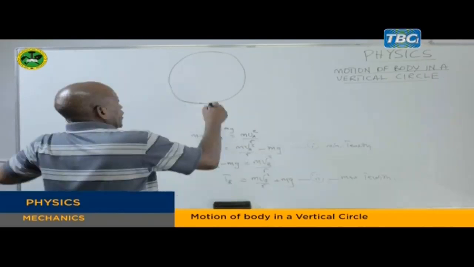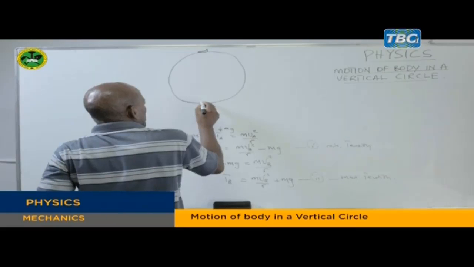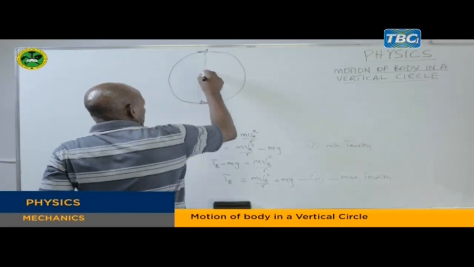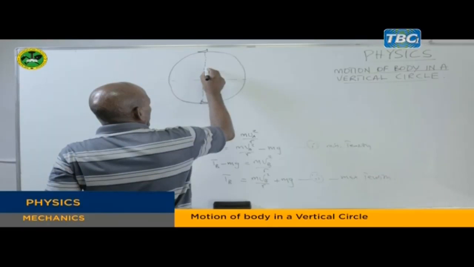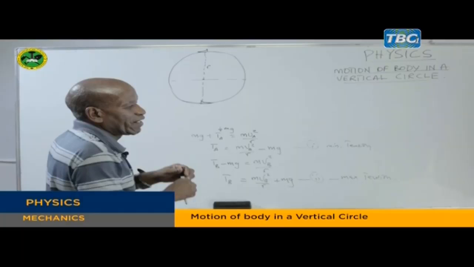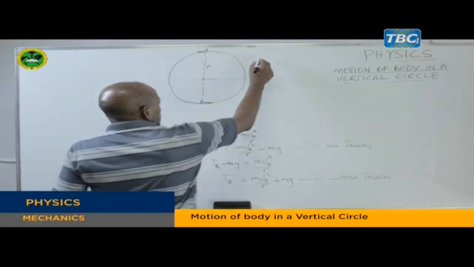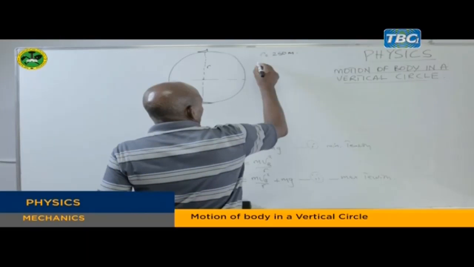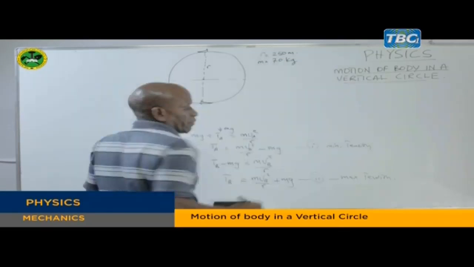It is looping a loop. We are looking at the moment the plane is at the top, and at the moment the plane is at the bottom. We take this to be the circular loop with radius r, which is 250 meters, and the mass of the pilot is 70 kilogram.